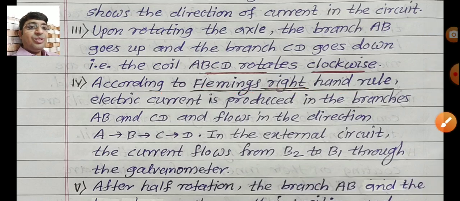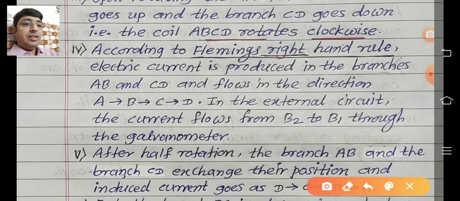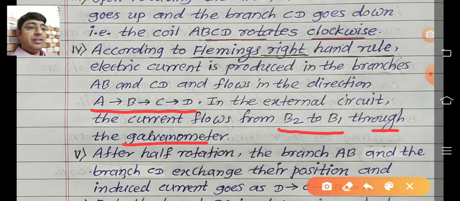According to Fleming's right hand rule, electric current is produced in the branches AB and CD and flows in the direction A to B, B to C and C to D. In the external circuit, the current flows from B2 to B1, that is, outside the coil, from brush B2 to B1 through the galvanometer. You check in the figure.